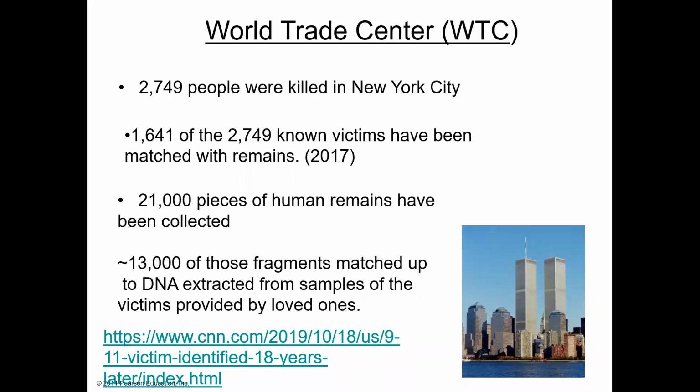Having come here to Ohio from New York, where I taught, I tended to have a lot more students who had relatives die in 9/11 because, of course, it happened in New York. But this is still ongoing, and again, you can use these genetic analyses to figure out if a person is related to someone.